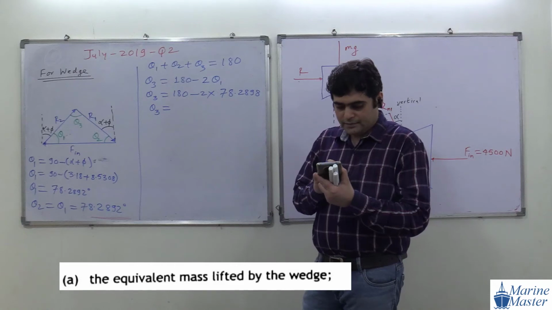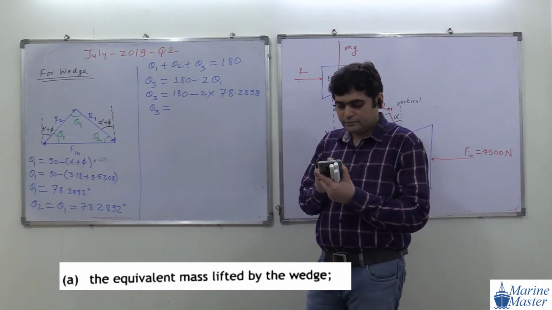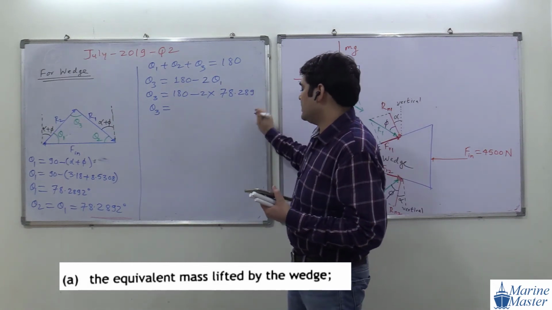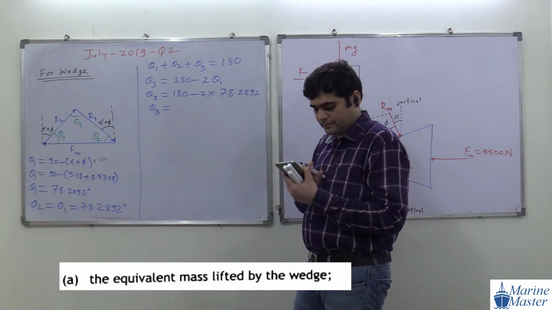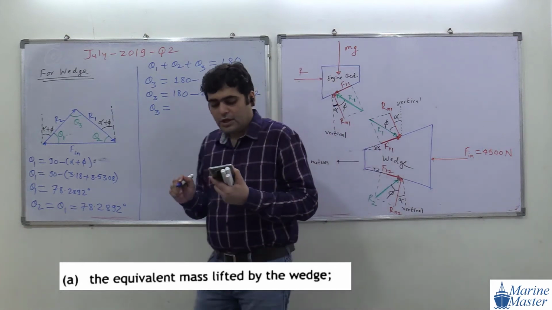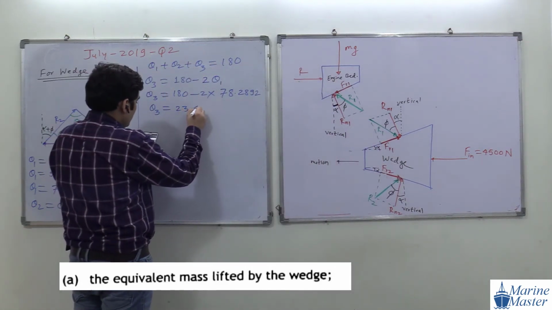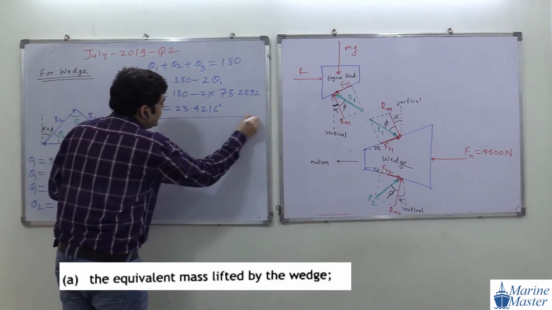Okay, 2892, by mistake. Theta 3 is 23.4216 degrees. So we got theta 3.